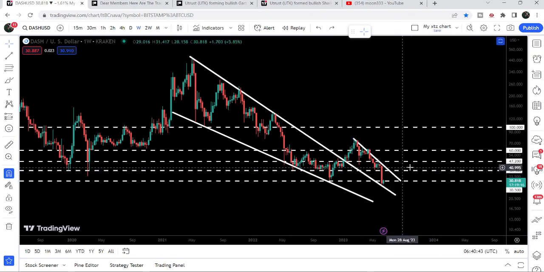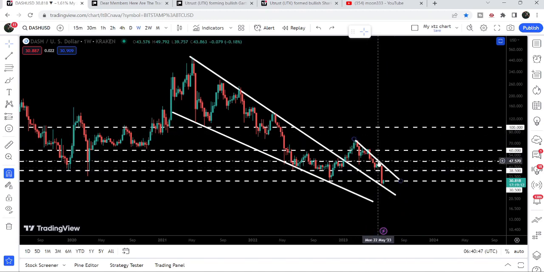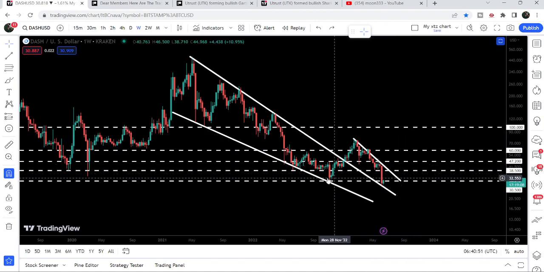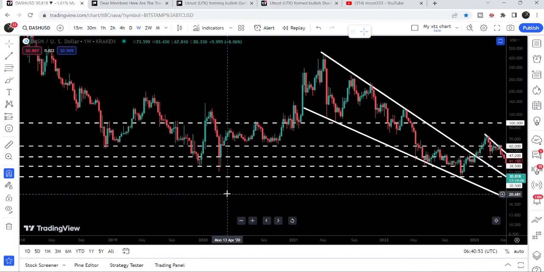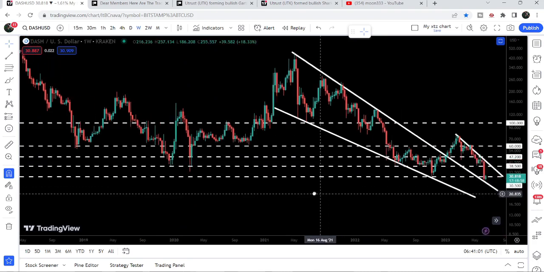We will still need to break out of that resistance, even after breaking out of this downtrend line resistance of the falling wedge pattern, in order to continue the move to the upside. You can see that previously this level of $38.50 worked as a very strong support, here back in December 2019 and here in March 2020.